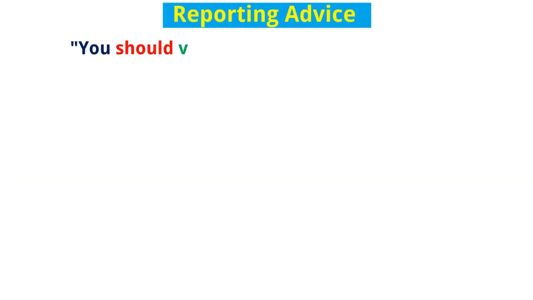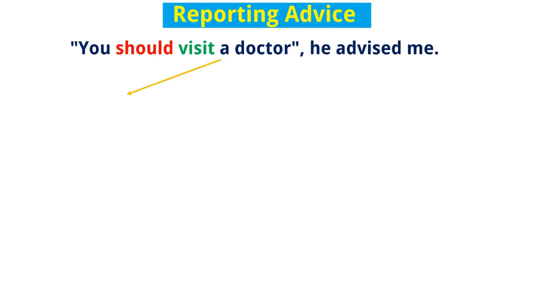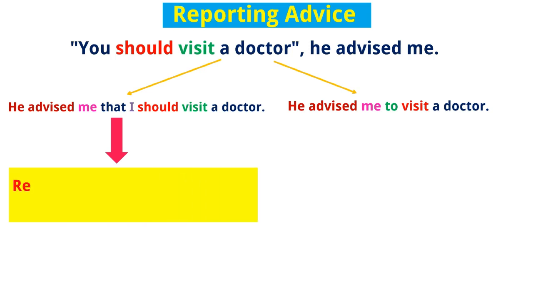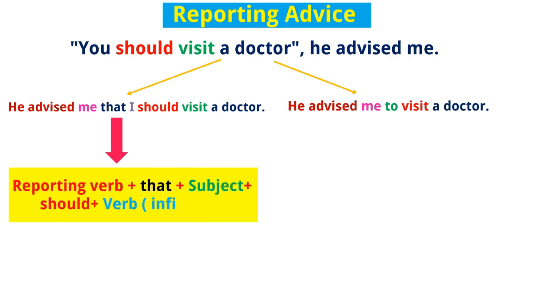Let's move to how to report advice, or reporting advice. For example, "You should visit a doctor," he advised me. So it can become, he advised me that I should visit a doctor, or he advised me to visit a doctor. So in the first one here, we apply this rule: reporting verb plus that plus subject plus should plus verb in the infinitive.